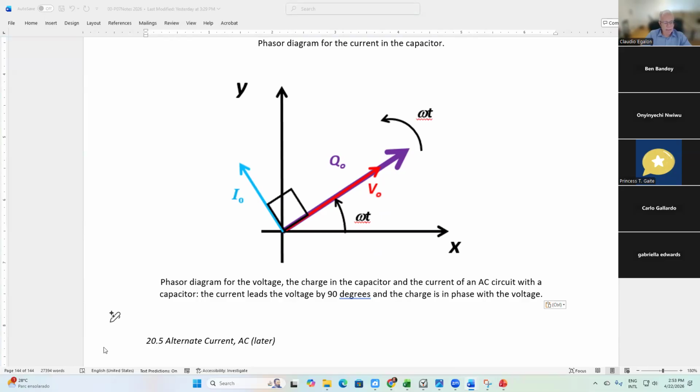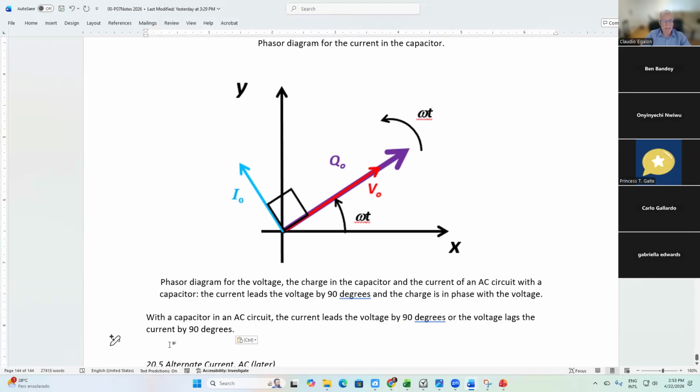So for a capacitor in an AC circuit, the current leads the voltage by 90 degrees, or the voltage lags the current by 90 degrees. Either way, it all depends on your point of reference.